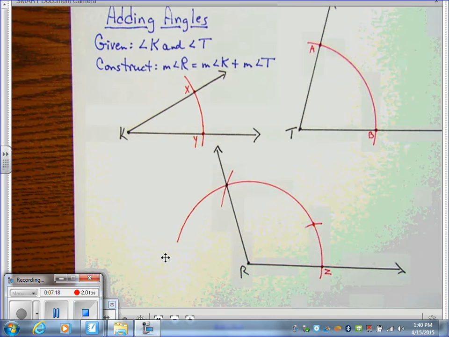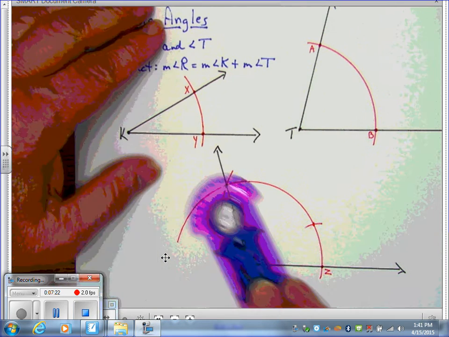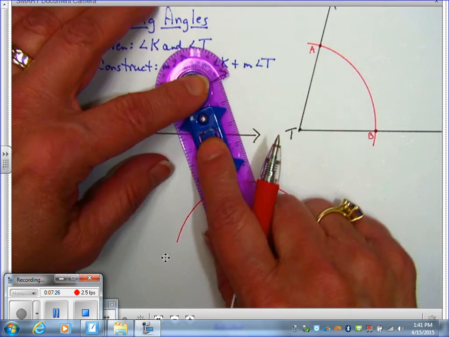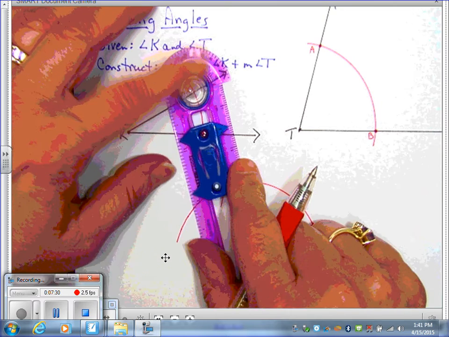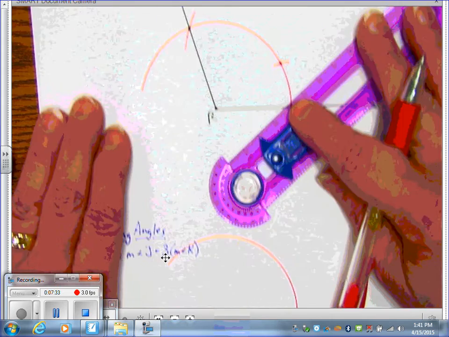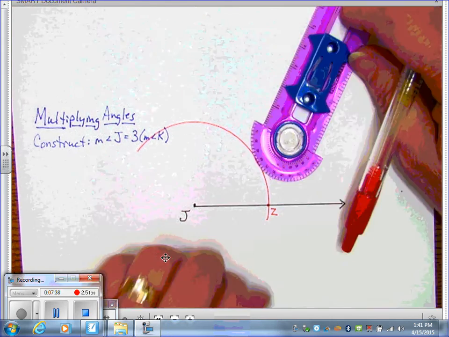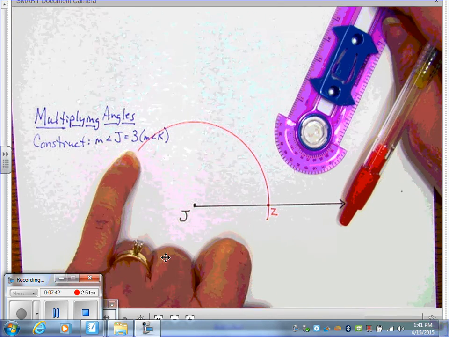And we're going to go up to angle K and measure where? I'm going to measure from X to Y. Measure from X to Y very carefully and accurately. And bring it back down to the working ray here. And I'm going to do it how many times? Well, this says 3.